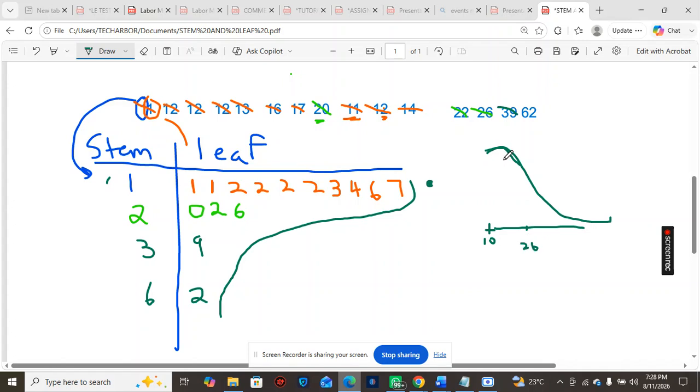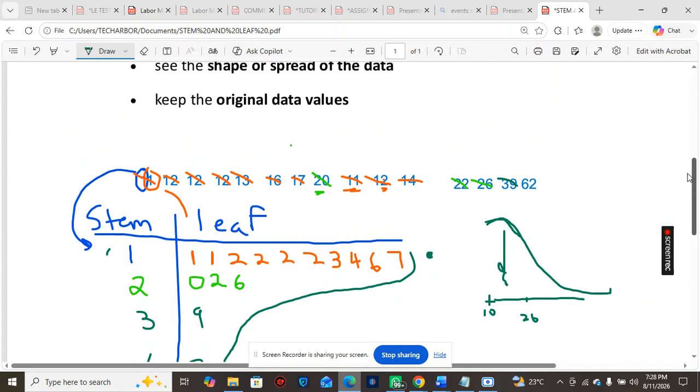So the data is forming a distribution almost like a normal distribution, which we're going to learn about later on in statistics. Are there any questions, colleagues, on this stem and leaf? Are there any questions or queries?